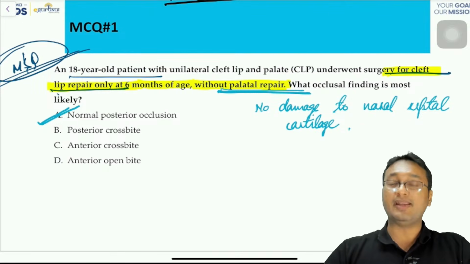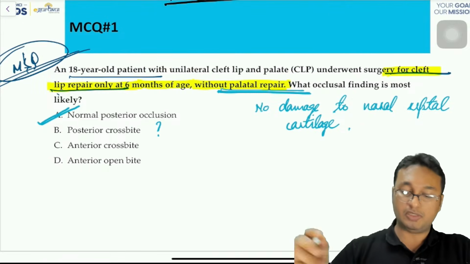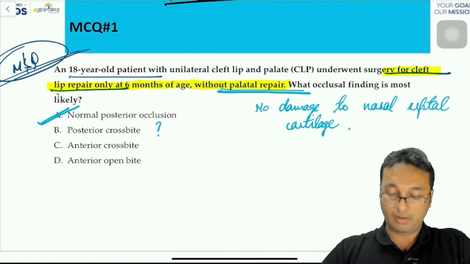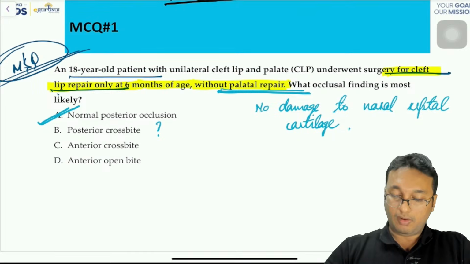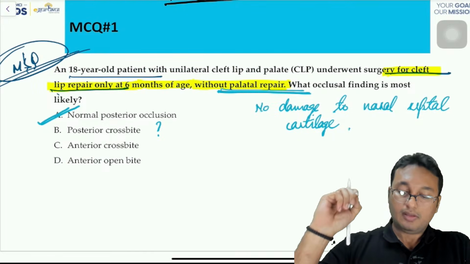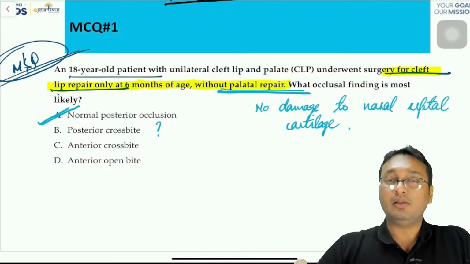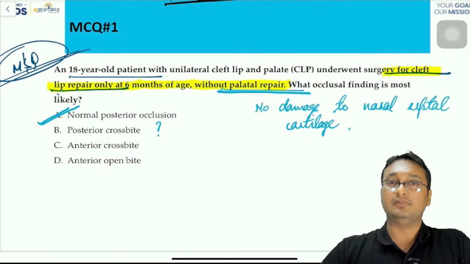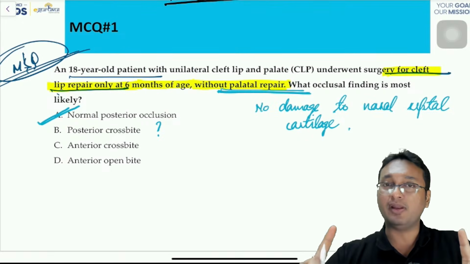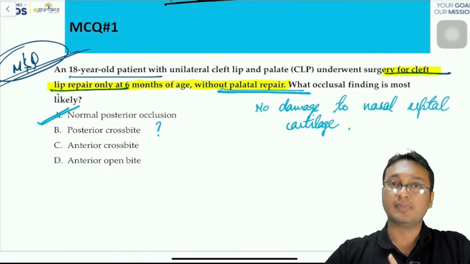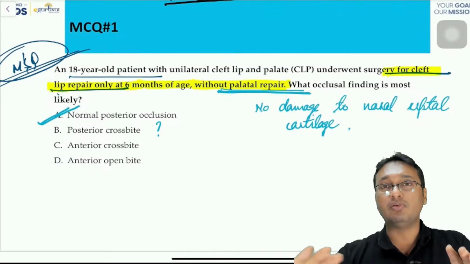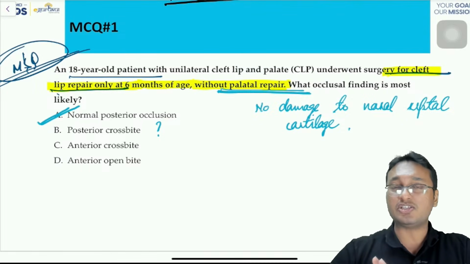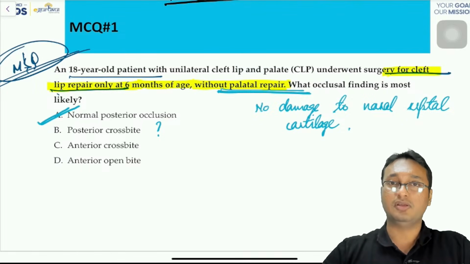Some of you might argue, why not option B? It's because if the patient had been operated upon for cleft palate repair surgery, then in that case there would have been chances that the surgeon could have iatrogenically, unintentionally damaged the nasal septal cartilage.